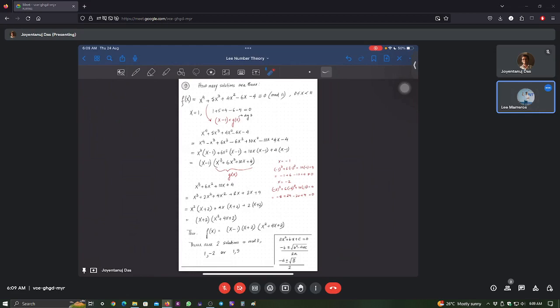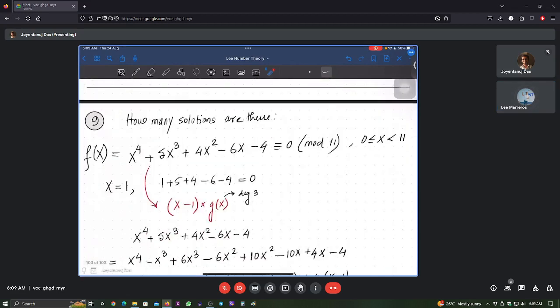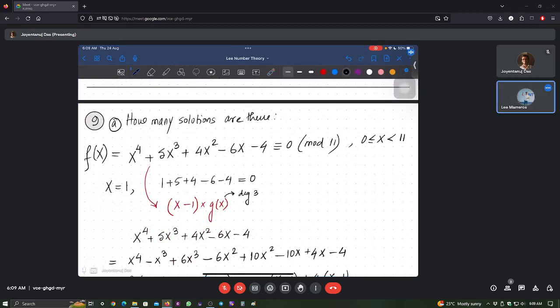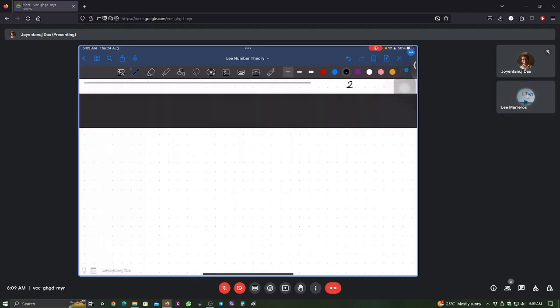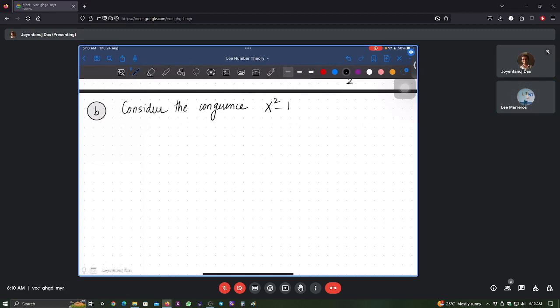Okay. Right. So this was part A. So the next part, part B, they are saying consider the congruence x square minus 1 is congruent to 0 mod 8.